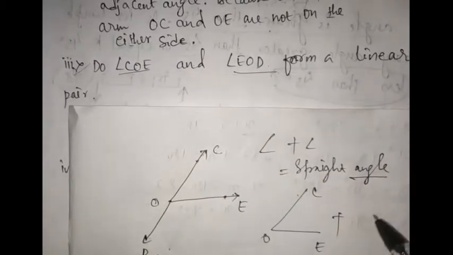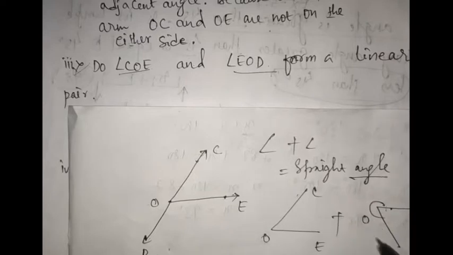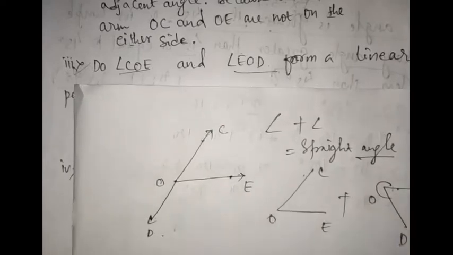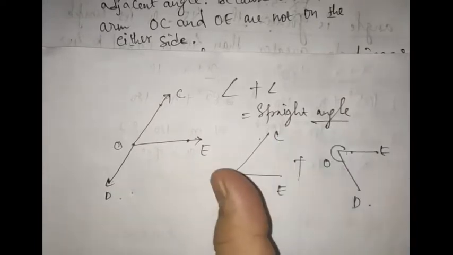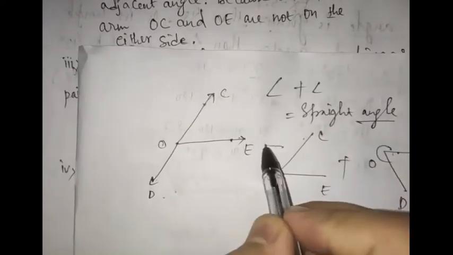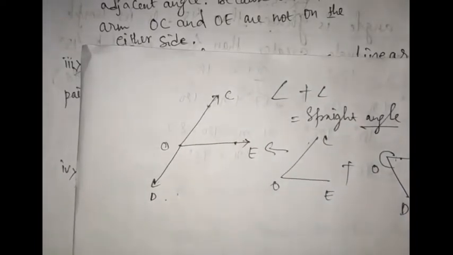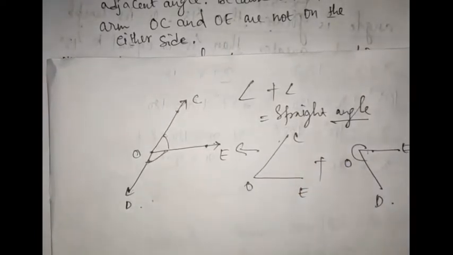When you combine these two angles, when you join them, what will be the result? This is a straight angle, right? This is a straight angle here which is of 180 degrees.